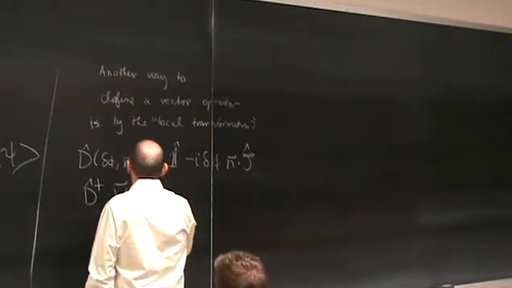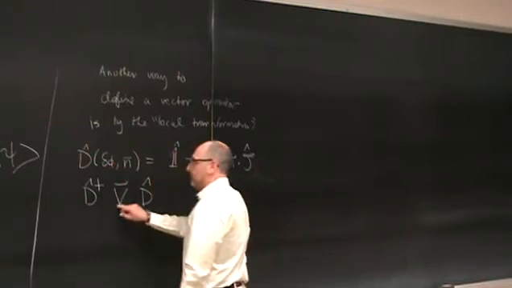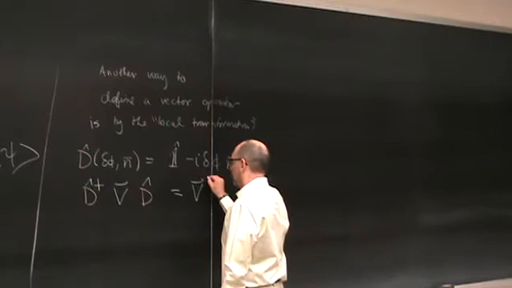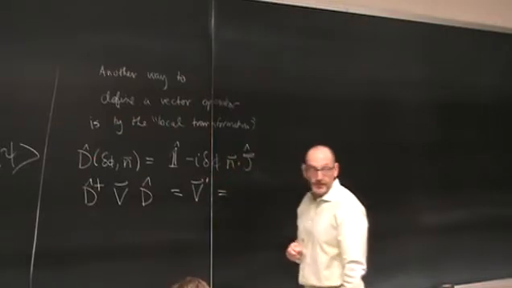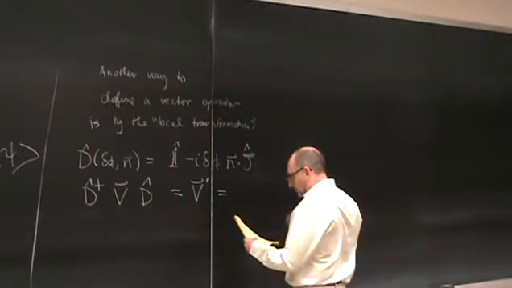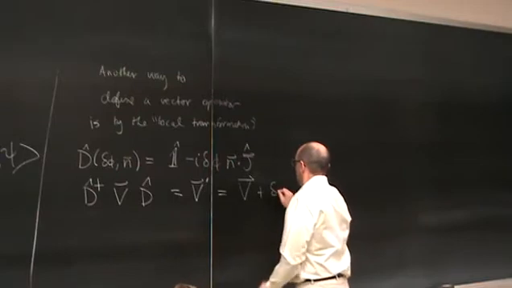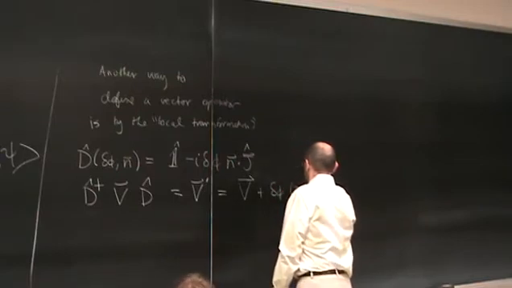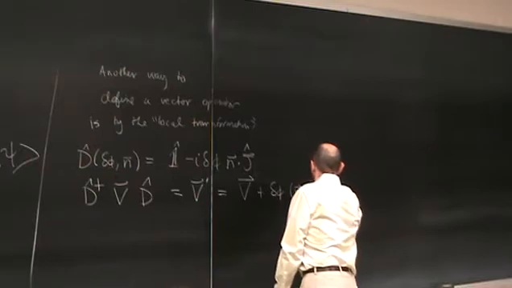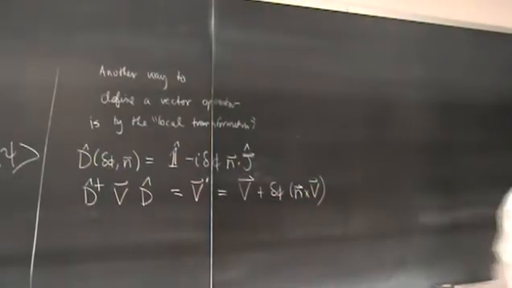It's easy to show. Well, what we want this to be is the rotated vector. And the rotated vector for a small delta phi is just adding on a small component perpendicular to the vector, right?